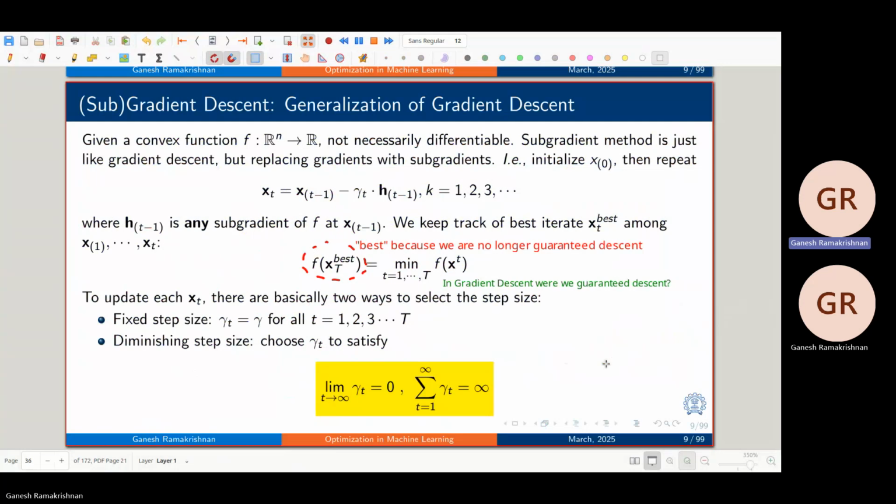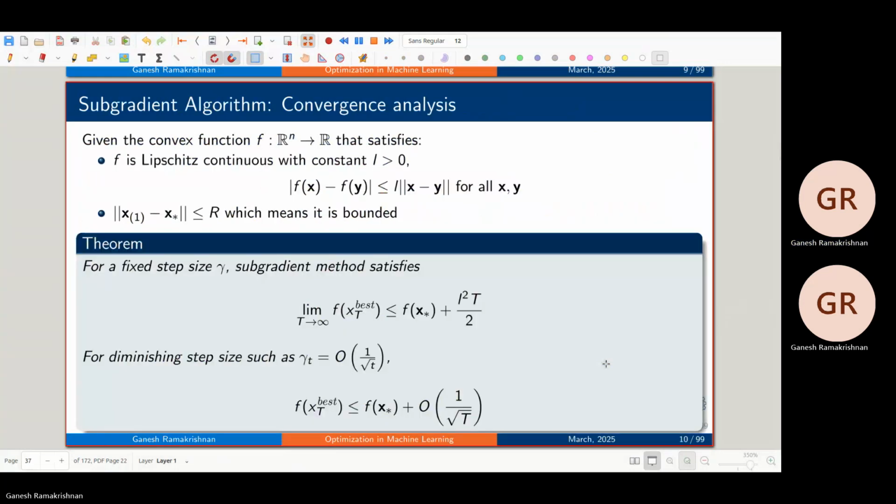So just to get an idea of how this came about, we'll again just flash the proof. For the subgradient descent algorithm, if f is Lipschitz continuous, obviously you can't talk about smoothness here. And if your initial point is bounded, then if you go for a fixed step size, you're hopeless basically.